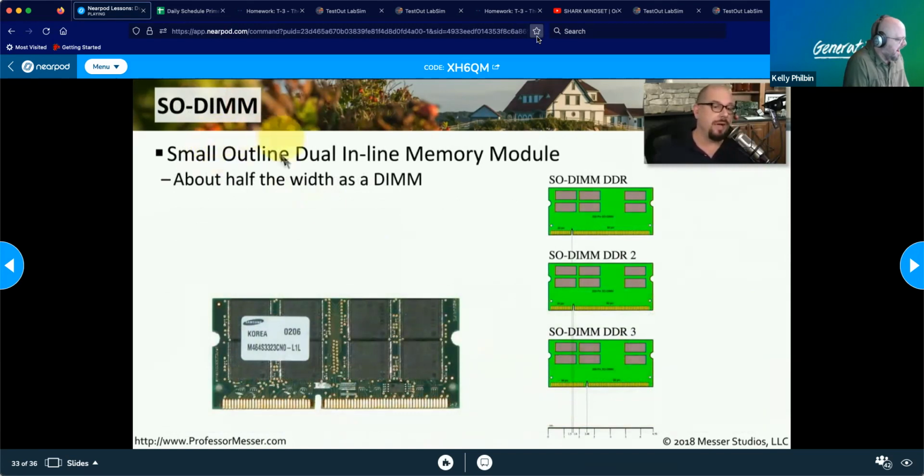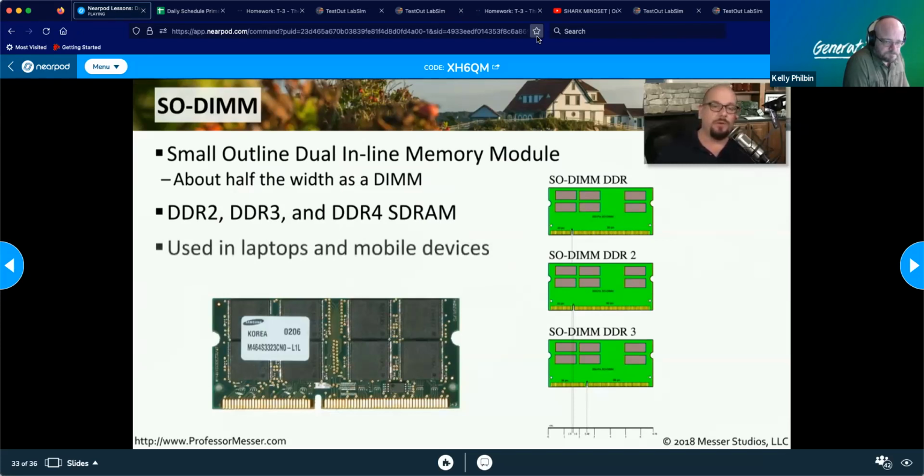This is the small outline dual inline memory module, and it's about half the width of a standard DIMM that you would find in a desktop computer. You can find the DIMMs and the SODIMMs available in DDR2, DDR3, and DDR4 flavors of SD-RAM. We'll explain what all of those are later on in this video. If you're using a SODIMM, it's probably inside of a laptop or a mobile device because of the size.